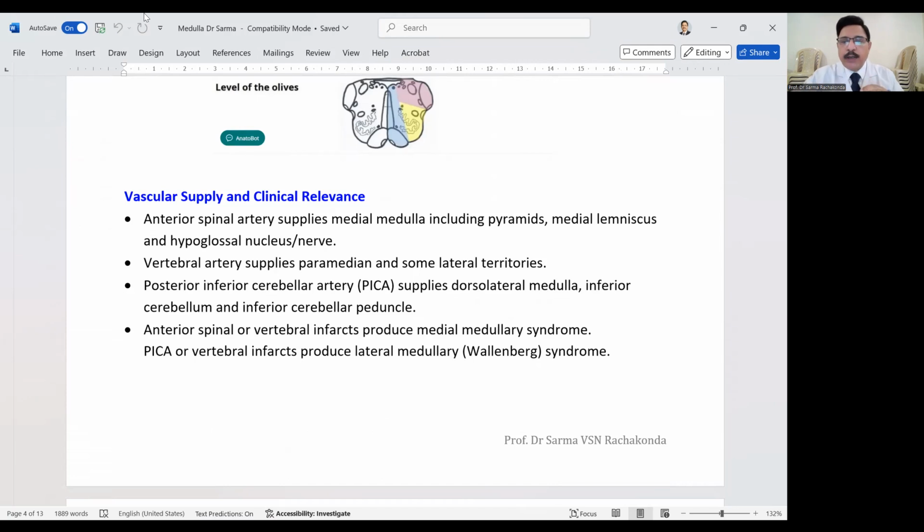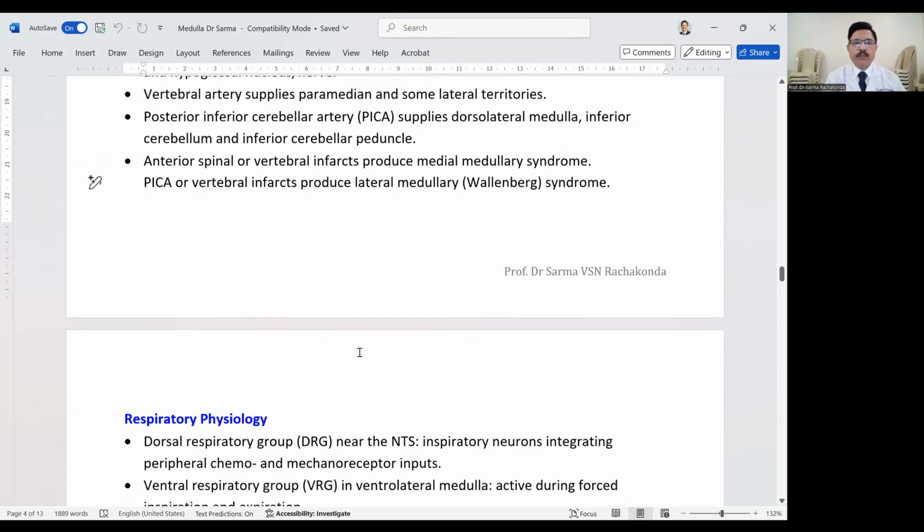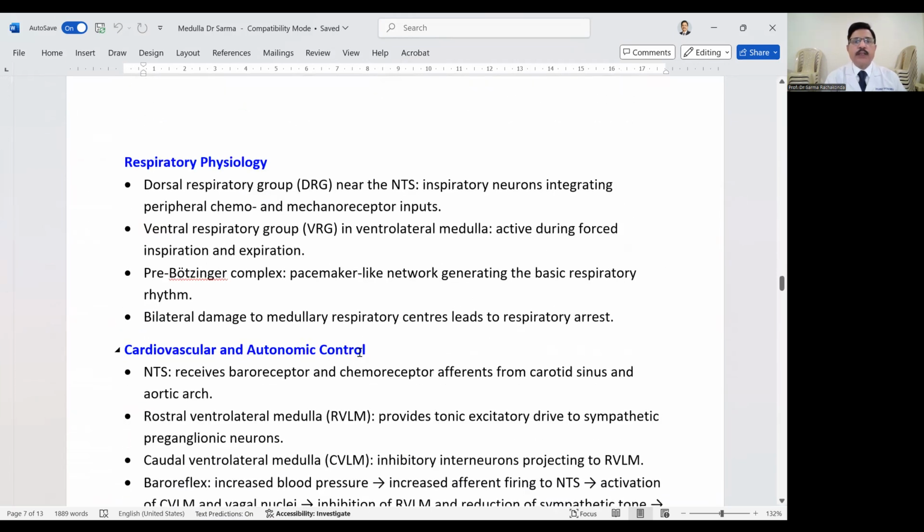So, respiration is also controlled by the medulla. So, respiratory physiology we have to see. Dorsal respiratory group, DRG, near the tractus solitarius, inspiratory neurons integrating peripheral chemo and mechanoreceptor inputs.